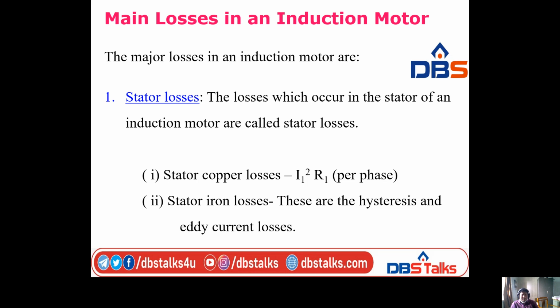Here for the stator we represent current as I1, and for the rotor, I2. Stator current is I1 and rotor current is I2, so we differentiate with the numbers 1 and 2. Now stator copper loss is I1 square R1 per phase. Iron loss is always constant, and these losses are hysteresis and eddy current losses.